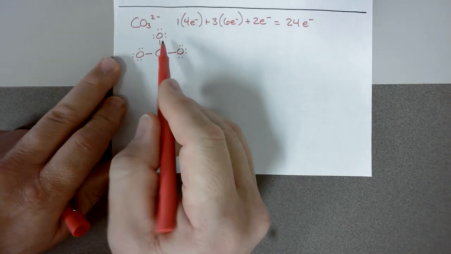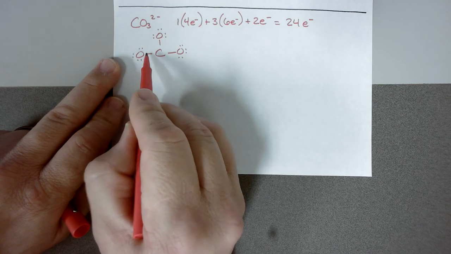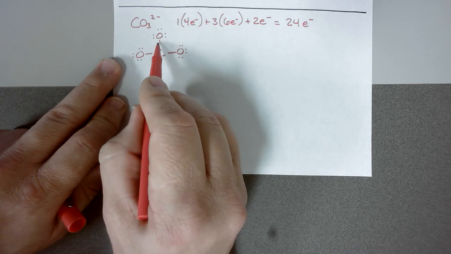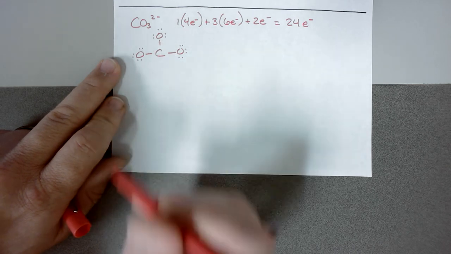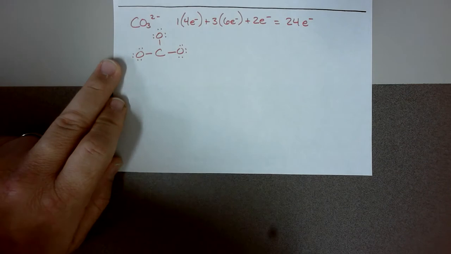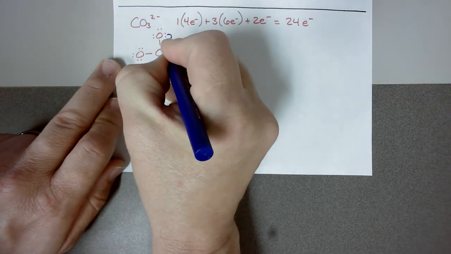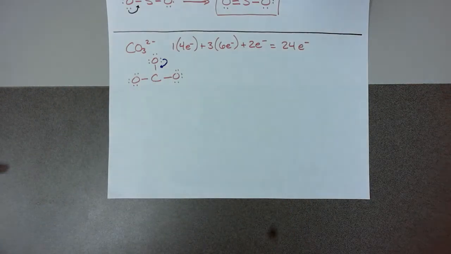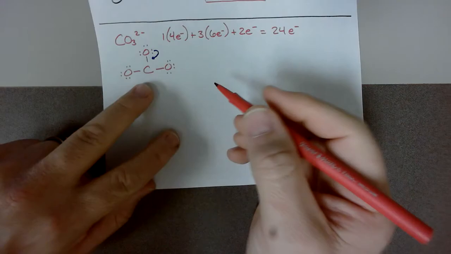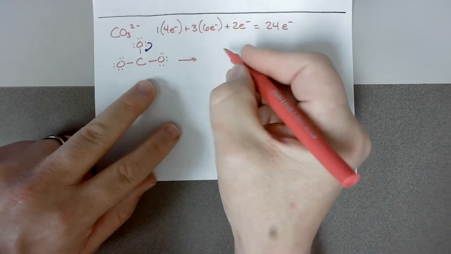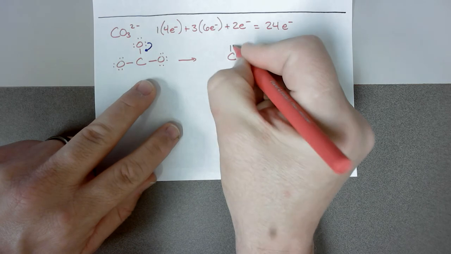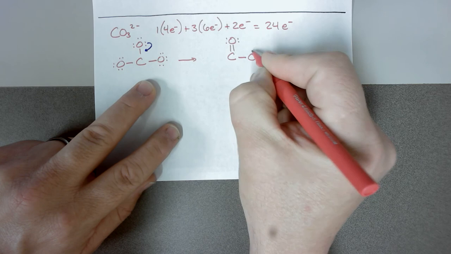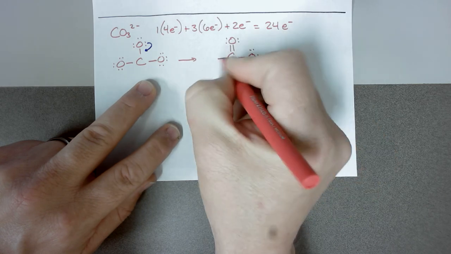I look for my octets, 2, 4, 6, 8, and each oxygen is the same, so there's 8 on those. But my carbon only has 2, 4, 6. So I'm going to take from the rich and share with the poor. It didn't matter which oxygen, they're all the same. I just decided to pull from the top one. So the structure that is valid would be a carbon, double bond to an oxygen, single bonded to an oxygen, single bonded to an oxygen.